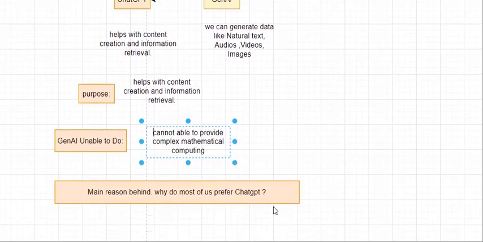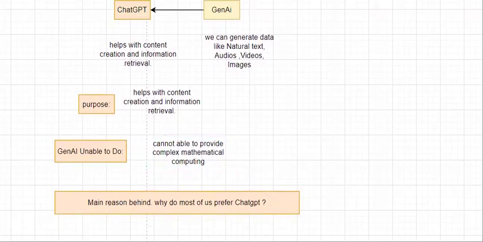Okay. Let's also observe one more interesting question. In the marketplace, I have multiple GenAI models. So among all those GenAI models, why does ChatGPT become this famous? What is the reason behind it? If you observe, ChatGPT is highly conversational.